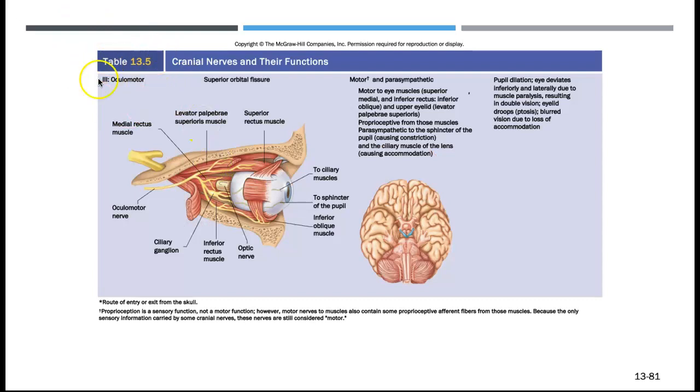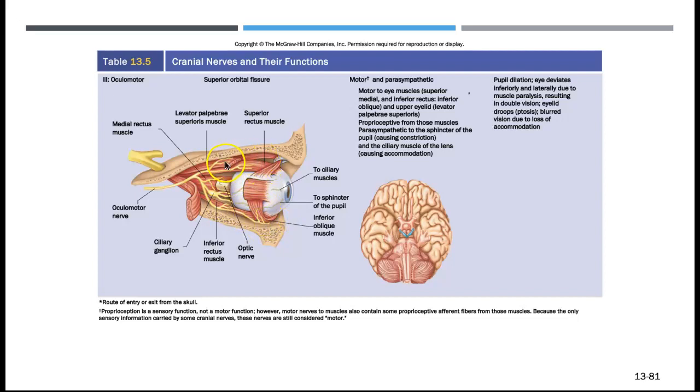Cranial nerve number 3 is oculomotor. This nerve is going to exit through an area known as the superior orbital fissure. So you can see that right along in here, and we see it branching to multiple muscles here. So we always say this is motor to eye muscles, or to extrinsic eye muscles. It is going to have parasympathetic fibers within it. So specifically, it'll go to our superior rectus, our medial rectus, the inferior rectus muscle, and also our inferior oblique.